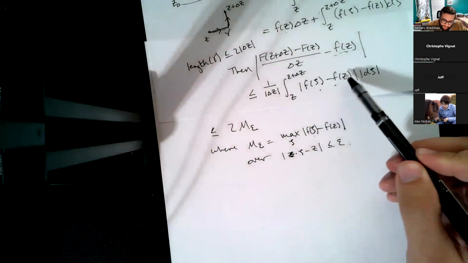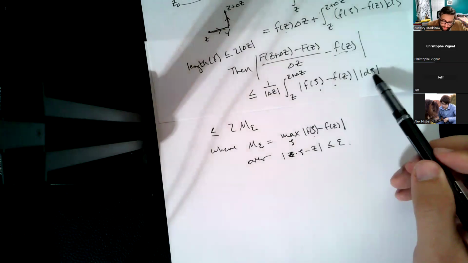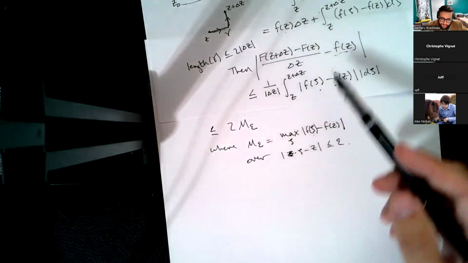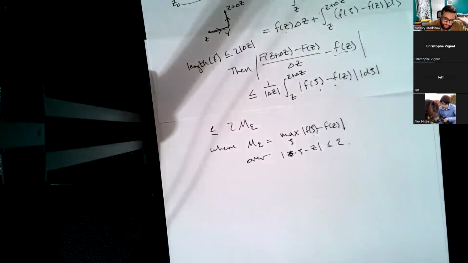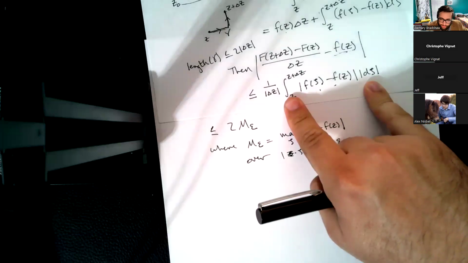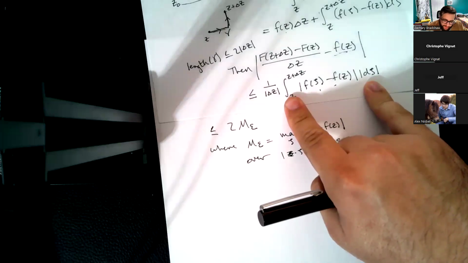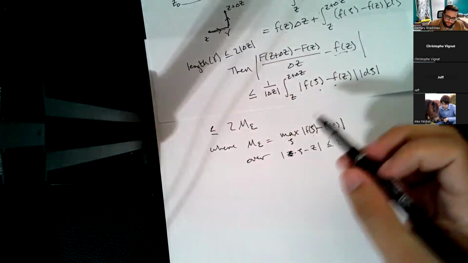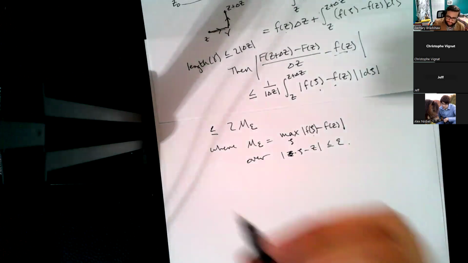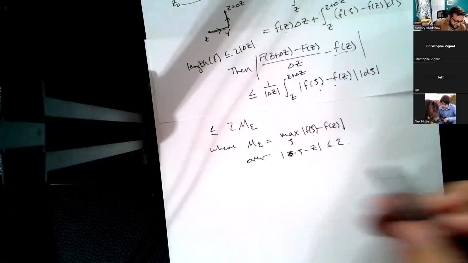So less than or equal to m epsilon, and then we integrate, and we know that the length of the contour is bounded by 2 delta z. That's what it is, right? So we pull the m epsilon out, and then the length of the contour is left, and those delta z's cancel, and so we get 2m epsilon. Okay, good. Thought I had written something bad for a second.